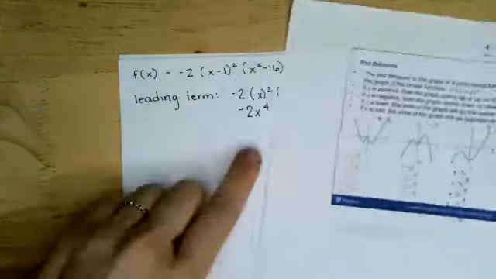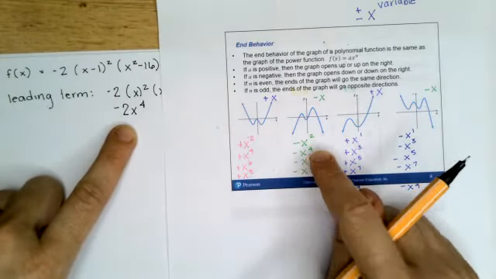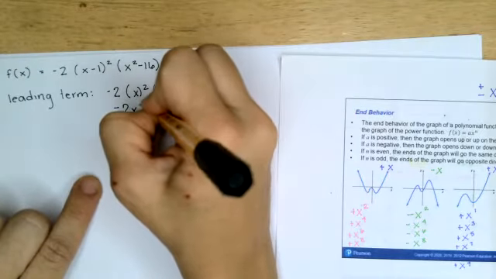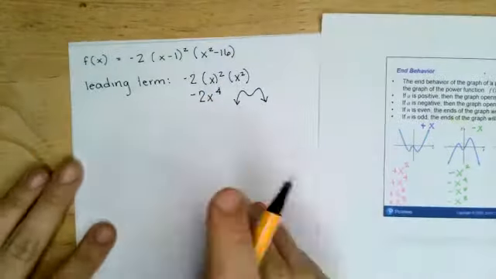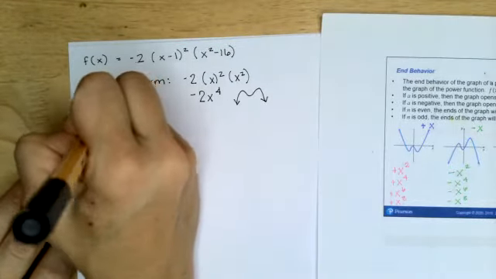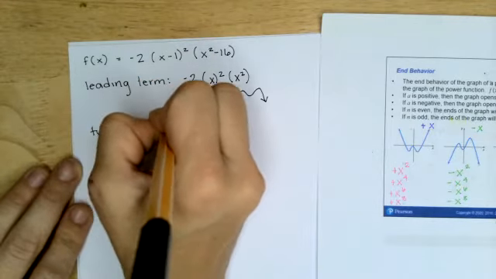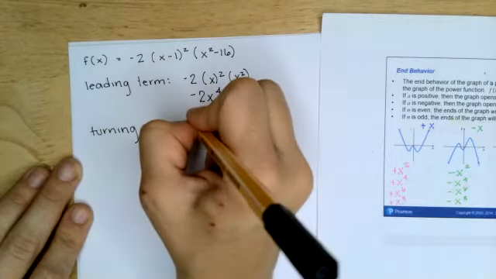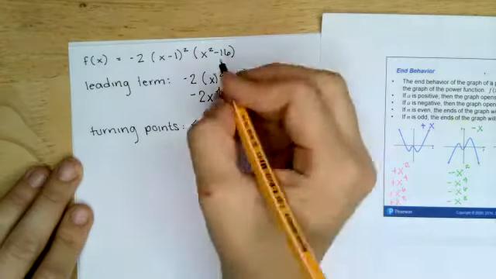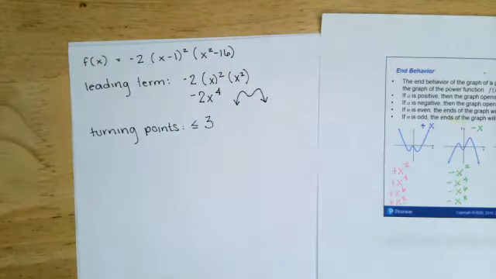When we look at this, we have a negative leading coefficient with an even exponent, so it's going to be opening down to the left and to the right. So that's like end behavior. My number of turning points is going to be 1 less than the greatest degree of this leading term. So it's less than or equal to 3 turning points.